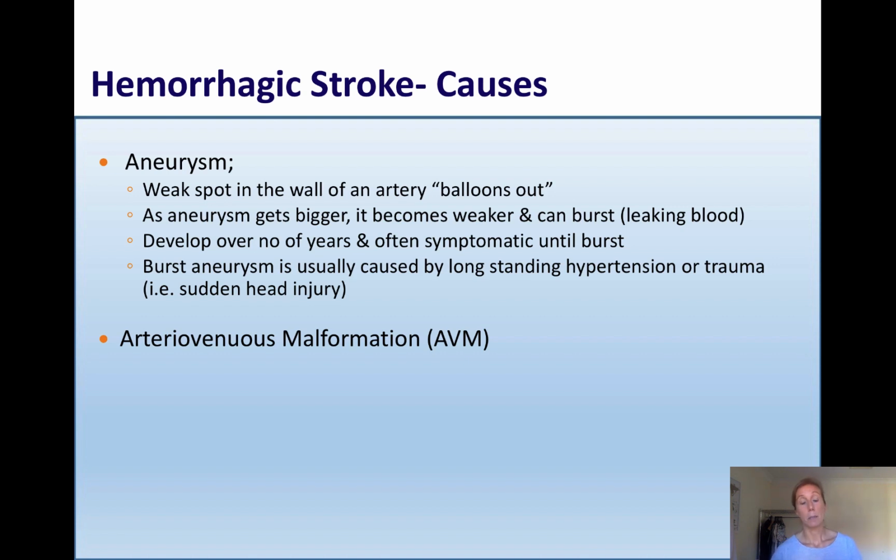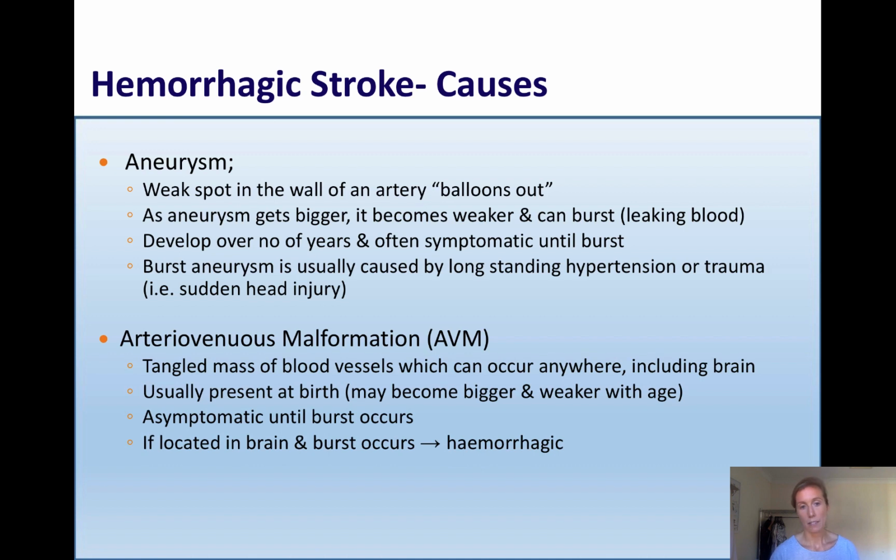So a burst aneurysm is usually caused by chronic hypertension, or it could potentially be some kind of trauma. So for instance, like a sudden head injury. But I'd say more often than not, it's going to be some kind of chronic condition and most likely hypertension. We also have what we call an arteriovenous malformation, or an AVM, so another big term, okay?